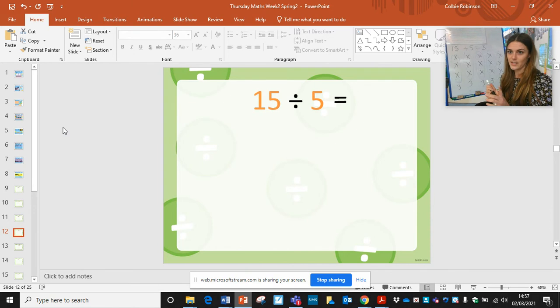Now this is where it's interesting, because if you are great with your multiplication or your times tables, you would know that if I count in 5s to 15, 5, 10, 15. If I do 5 times 3, my answer is 15. So that's, again, using that number knowledge, like we do with addition and subtraction.